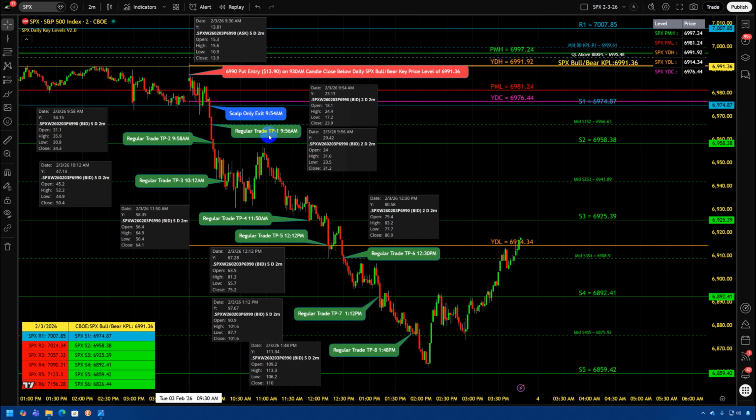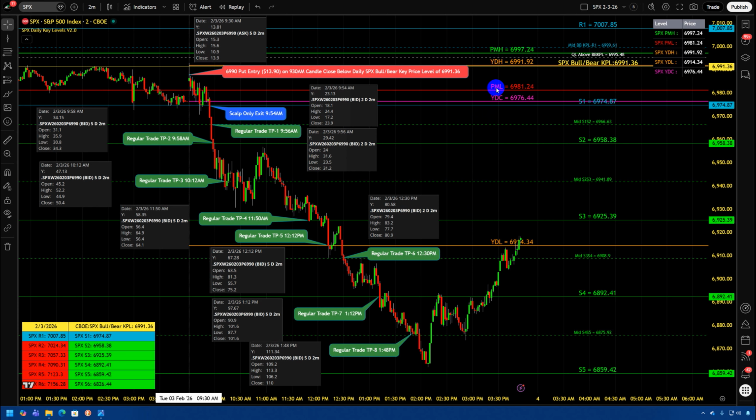So that is the designation of TP1 for a regular trade, as that is the minimum take profit level for a regular trade. Then each succeeding level below, in this case below because we're on a bearish trade, each succeeding level below the minimum 1.5 level move threshold becomes an additional waypoint for managing your trade, including this YDL level.